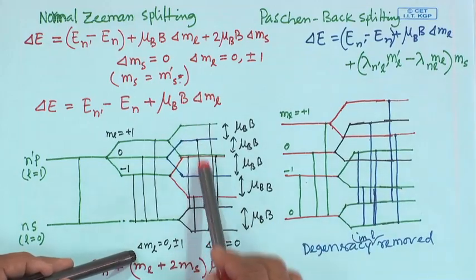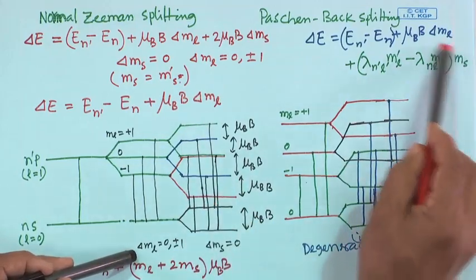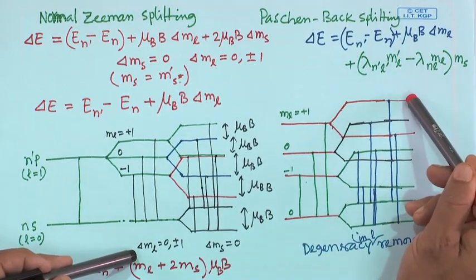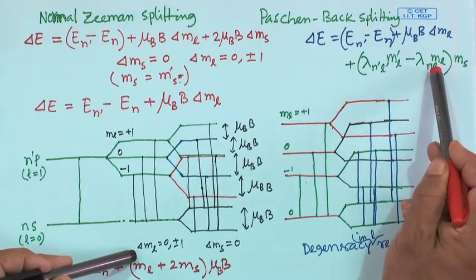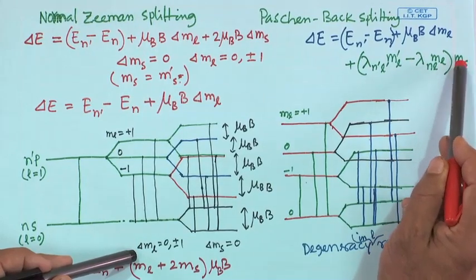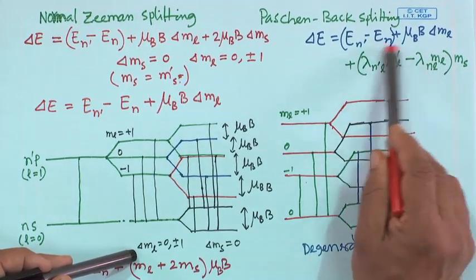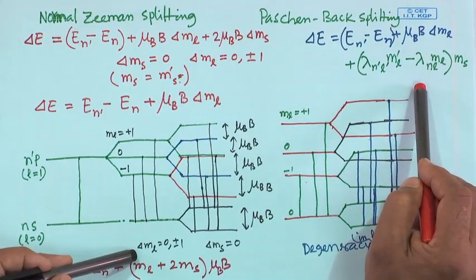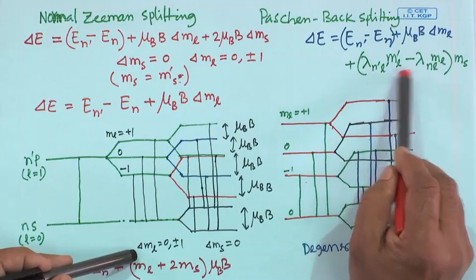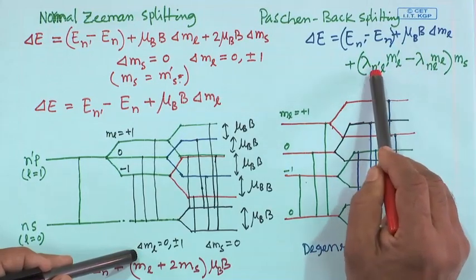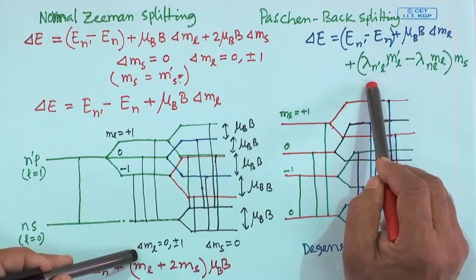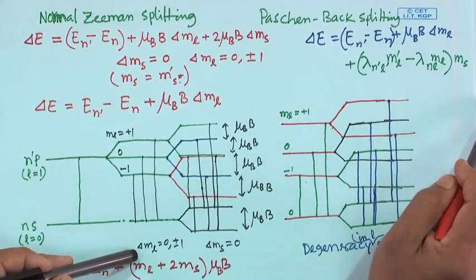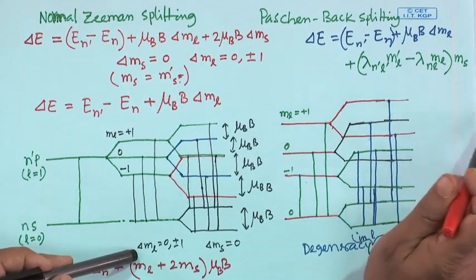So, this term is contributing some additional energy, and this term is not a symmetric term, because lambda n' L' is not the same as lambda n L, since in this expression n and L are there.